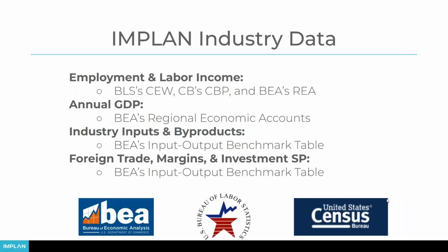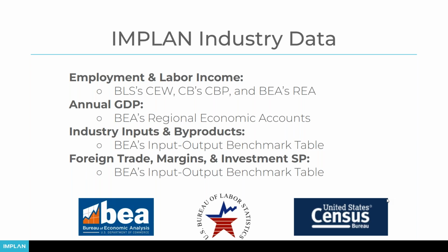We use a plethora of sources to compile our industry data for each annual dataset. To get our labor and employment data, we use the BLS's CEW data, which is the Census of Employment and Wages. We use the Census Bureau's County Business Patterns and the BEA's regional economic accounts.